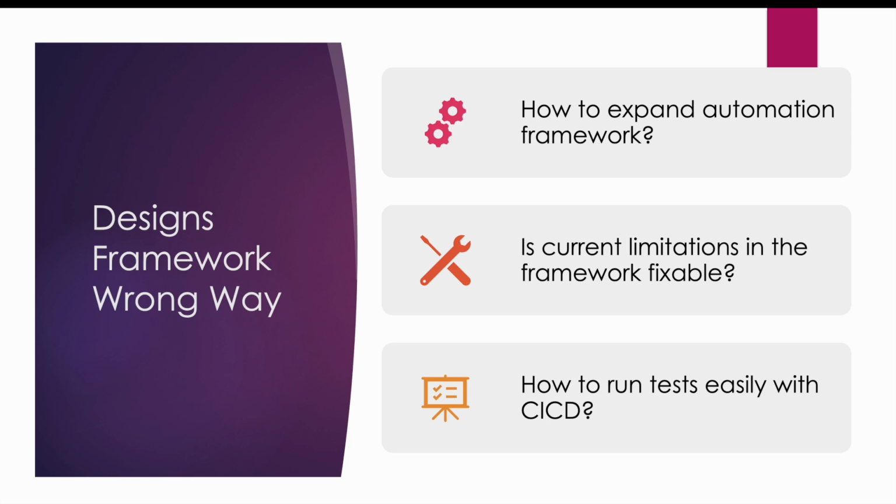You should also take care of that while deciding the framework. This is the second thing people do: mostly they don't think much while designing the framework. And sometimes they just copy paste another team's framework and start using it and don't decide at all. These things may cost you in the longer run.